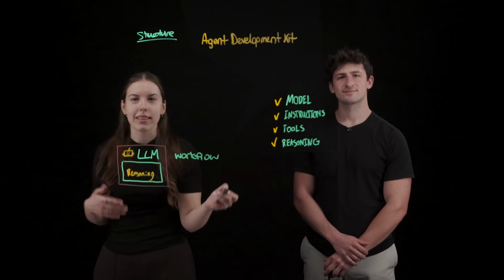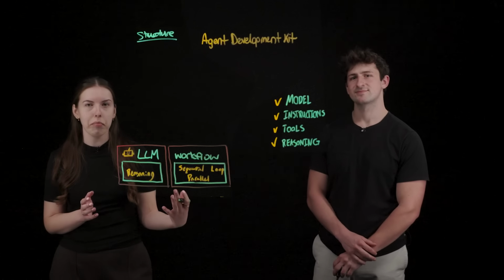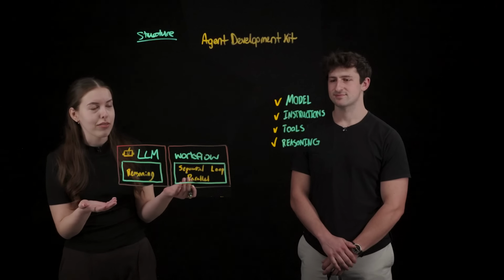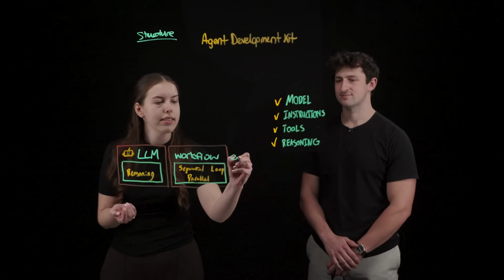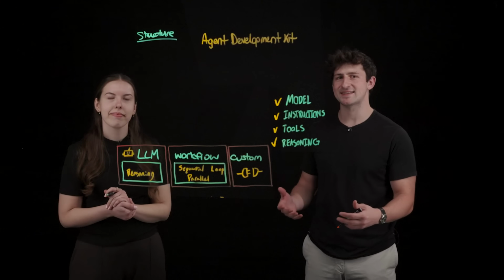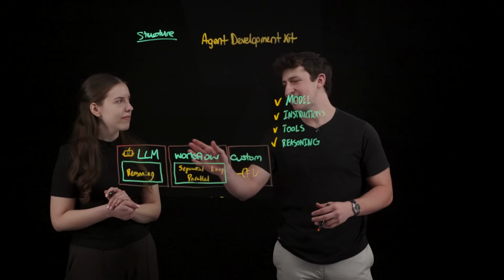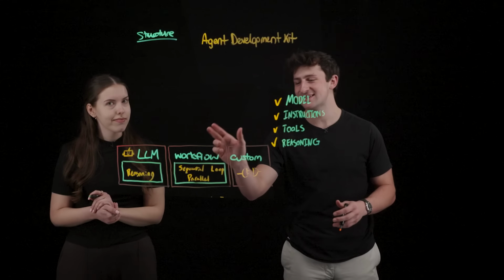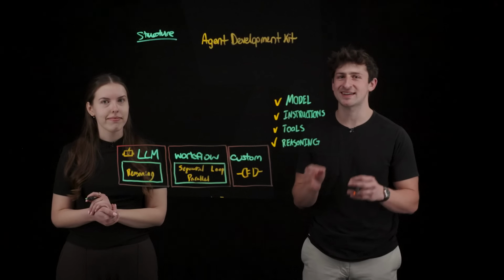So these can be sequential, parallel, and loop when you want strict control flow. And we also have the flexibility of creating our own custom agents. So that's really cool because ADK lets you pick between, hey, we can let the model figure it out, and other situations where we need to do these steps exactly in order each time.